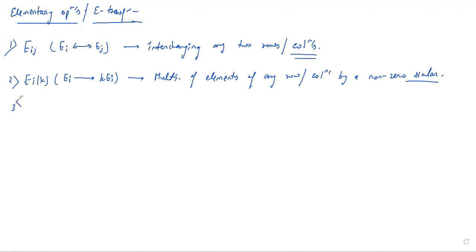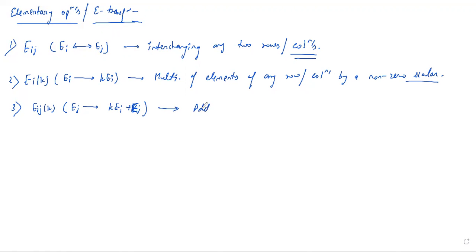And the third one is the addition of elements of any row or column, the scalar multiples of the corresponding elements of any other row or column. That means we are applying Eijk, that means Ei to Ei plus kEj.